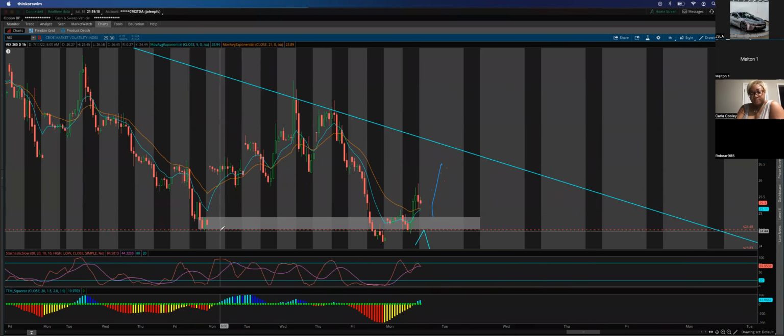I can just teach you the supply and demand in the market. In a demand zone, that means buyers like this price, so when buyers buy it, the price goes up, right? When we are in a supply zone, that means it is overpriced. It's too much. Buyers don't want to pay that much for it, so the price comes down. There you go. I hope I just made sense.